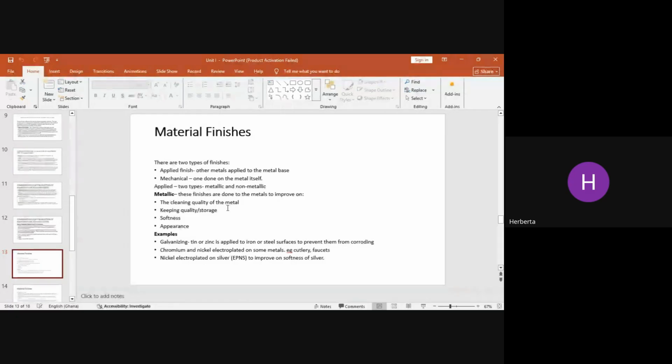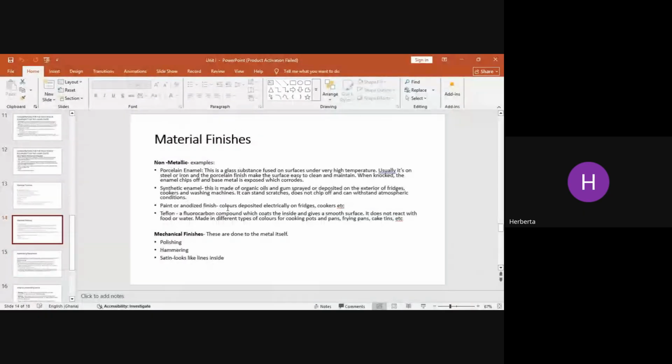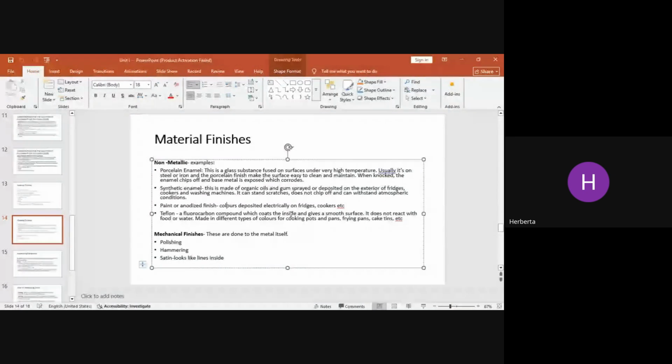With the metallic, another metal is used to cover the original metal that is used in making the product. With the non-metallic, we have substances such as porcelain enamel, synthetic enamel, paint, or Teflon that are used to cover the original metal to make it attractive.